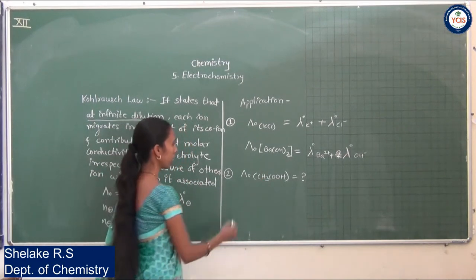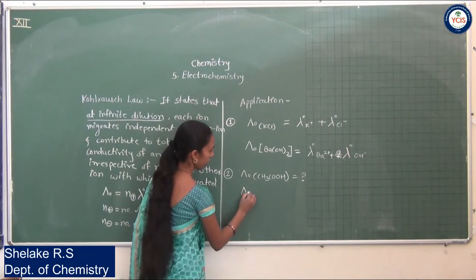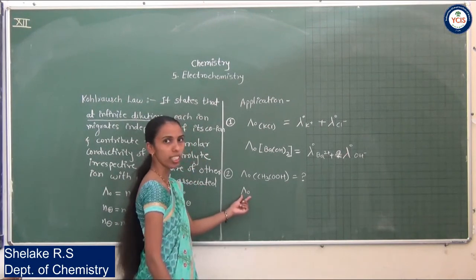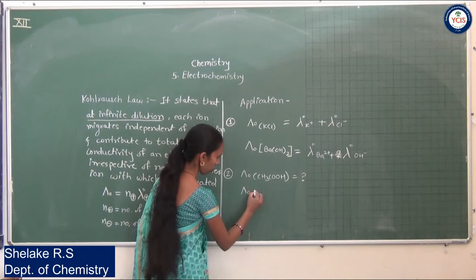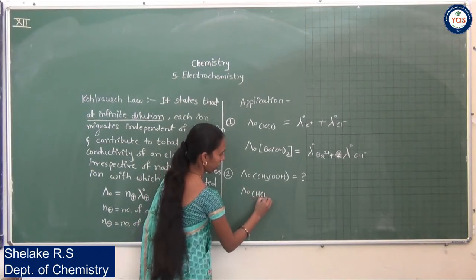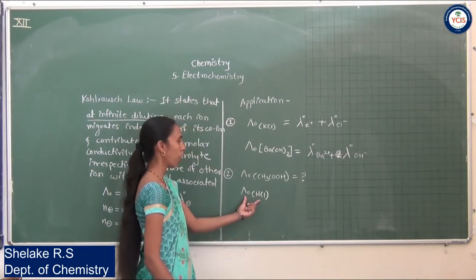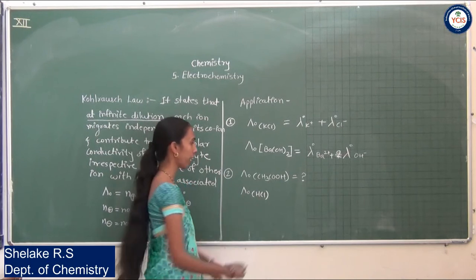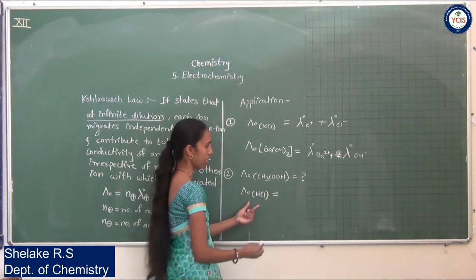Now I will tell here how it is possible. See here, suppose we know the molar conductivity of HCl. We know that. How can we write the Kohlrausch law for that? Lambda 0 of HCl is equal to what?